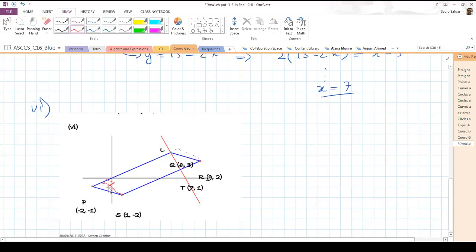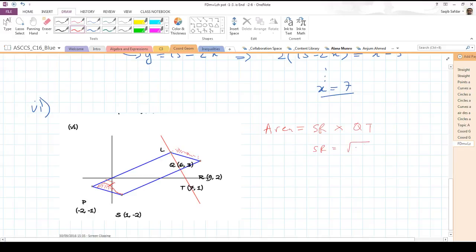And then this part, if I was to stick it on this side, we'll end up with a rectangle, essentially. And therefore, the area is just going to be base times height. So in our case, it will be SR times the height QT.